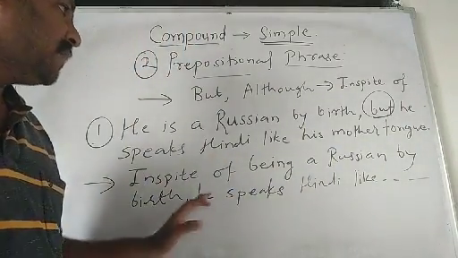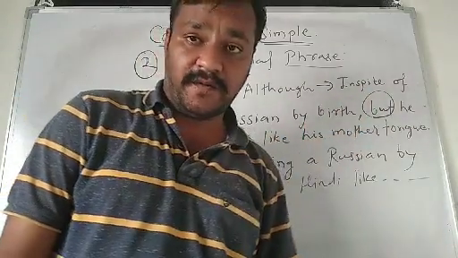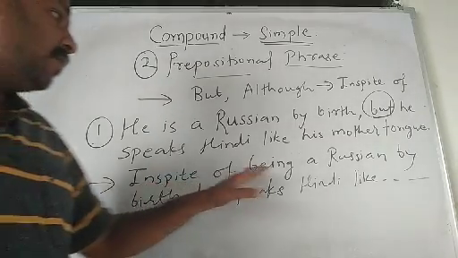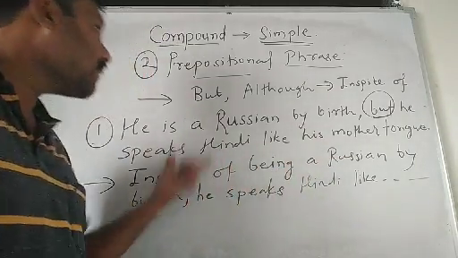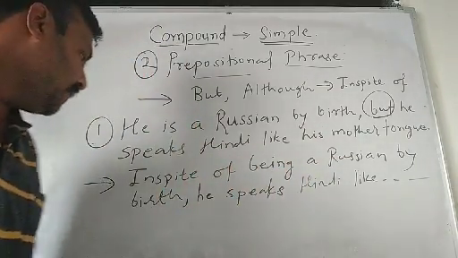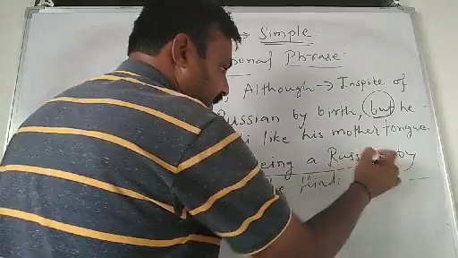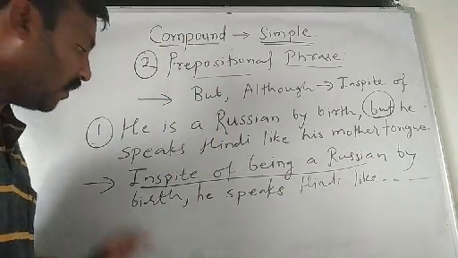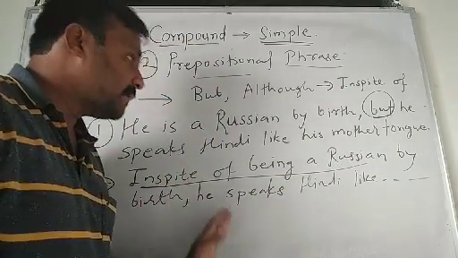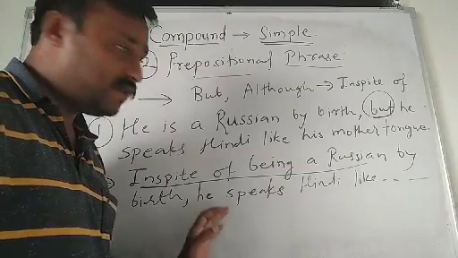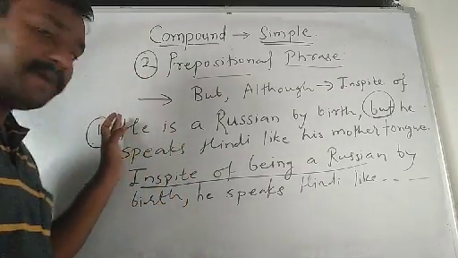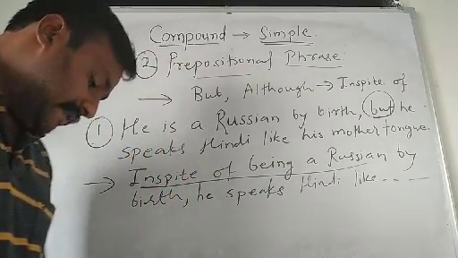What I have done, I have just used in spite of. So in spite of being Russian, this is called a prepositional phrase. And why have I used this? I have to make this compound sentence into a simple sentence.